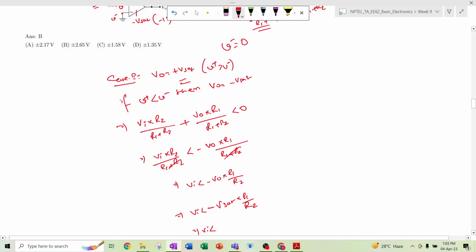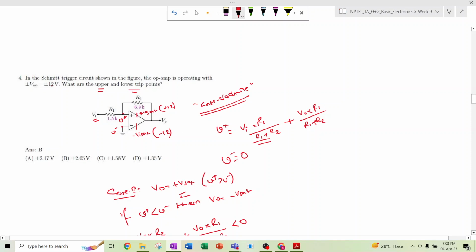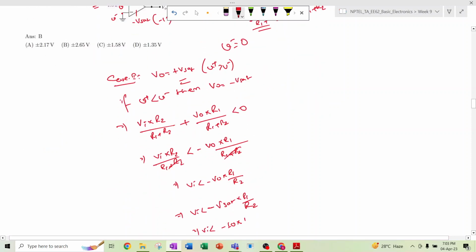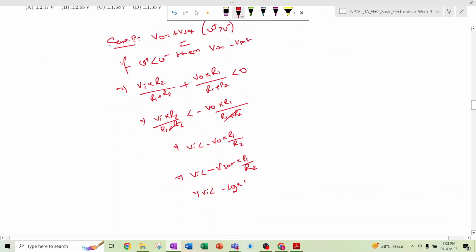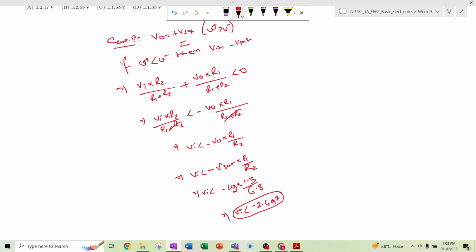Vsat is 12, so 12 into 1.5 divided by 6.8. This comes out to be minus 2.647. So if Vi is minus 2.647, then VO goes to minus Vsat. So this was case 1.